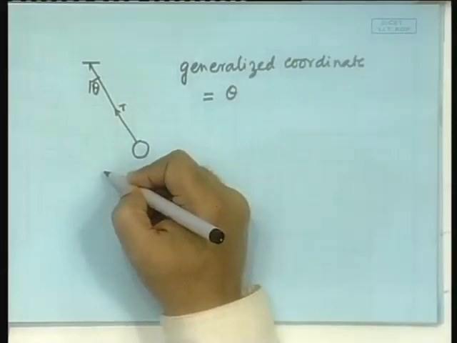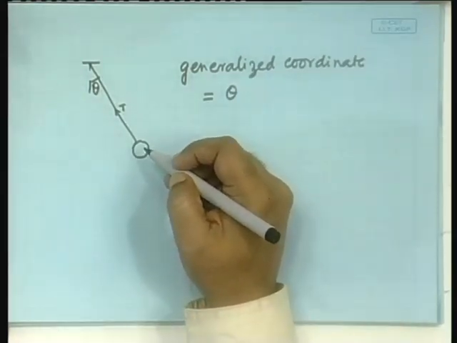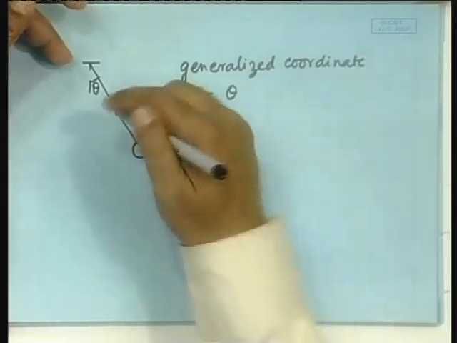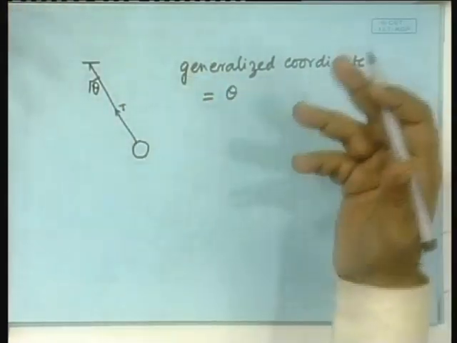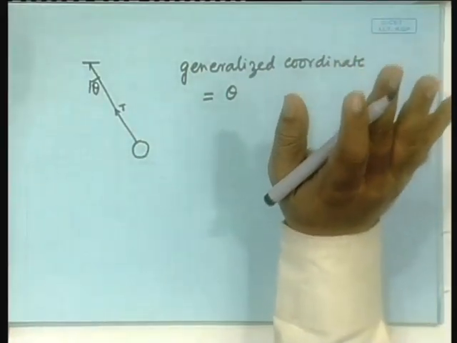The actual velocity of the body, if this is L, then L theta dot, but we are not talking about that. Your generalized velocity is simply the derivative of this.